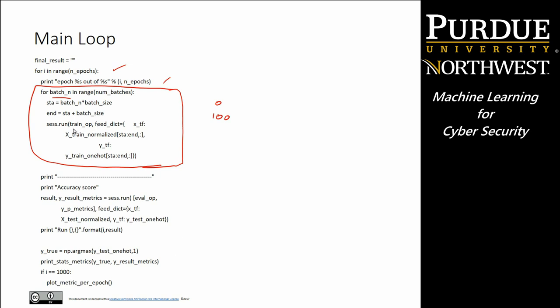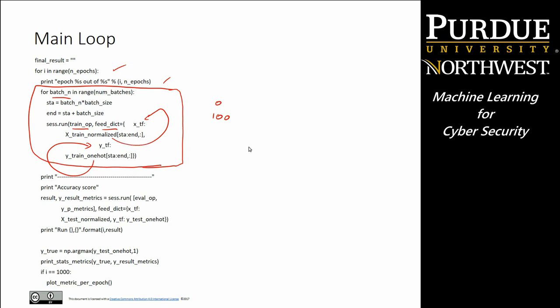So I'm going to run train op, and the feed dictionary, remember, you take xtrain normalize and plug it into xtf, and you take ytrain one hot and plug it into ytf. Those are our two placeholders that store the data. But we are doing this in batches, so from those xtrain and ytrain we slice out the information.